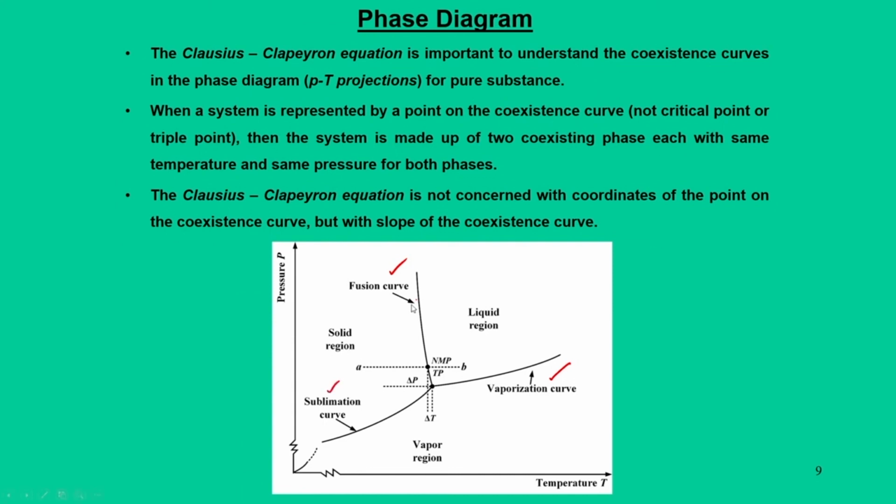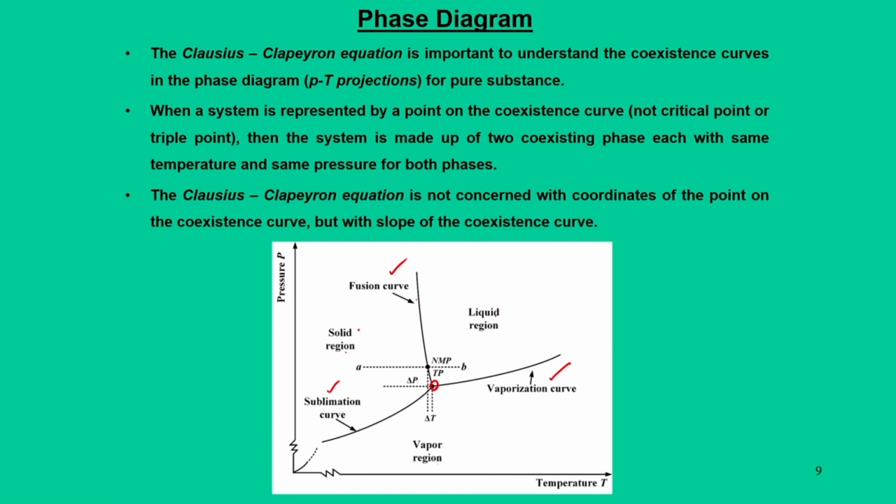The fusion curve separates solid and liquid, the sublimation curve separates solid and vapor, and the vaporization curve separates liquid and vapor. And the most important point is the triple point. Wherever all these curves meet at one particular point, that point we call the triple point.